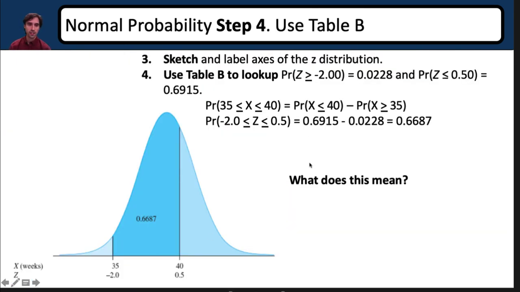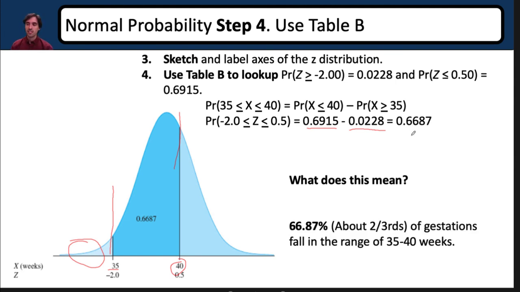Now we take the 40 weeks and subtract the 35 weeks, so this whole area, to know what is in between. That is 0.6915 minus 0.0228. It means that about 66.87%, or 2/3 of gestations, fall in the range of 35 and 40 weeks. So 67% of individuals have children between 35 and 40 weeks.